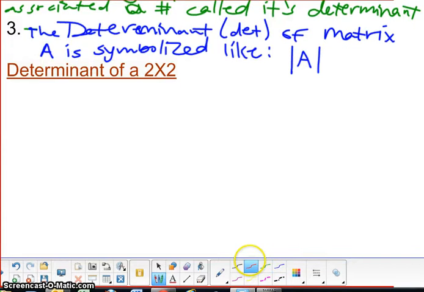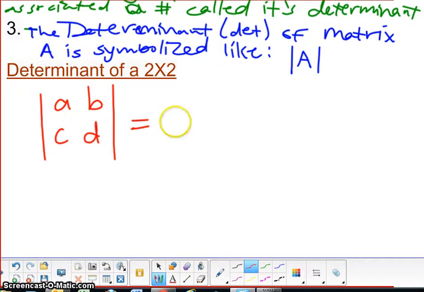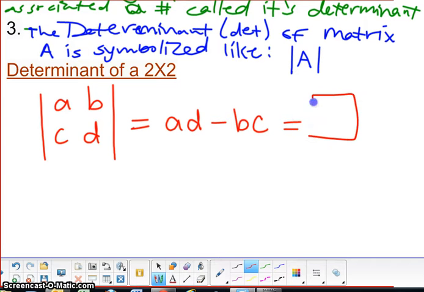So in the place for these variables, we have A, B, C, and D. Of that 2 by 2 matrix, those variables are standing for any number that could be there. That is going to equal A times D minus B times C. So whatever you get for the value, that's going to end up being your answer, and that answer is your determinant.